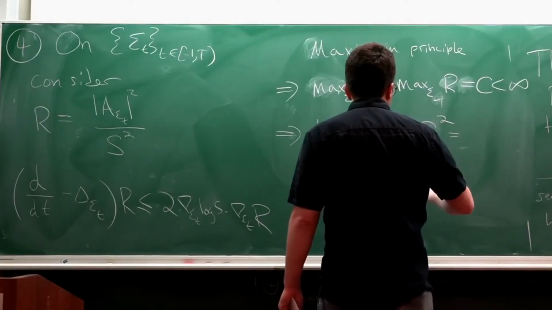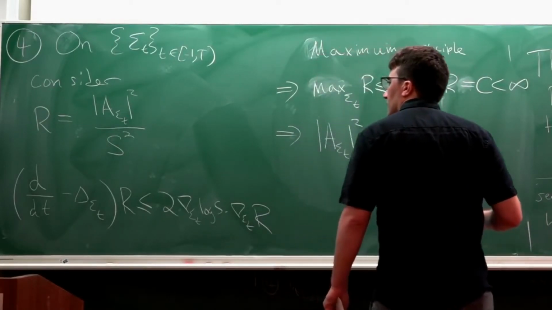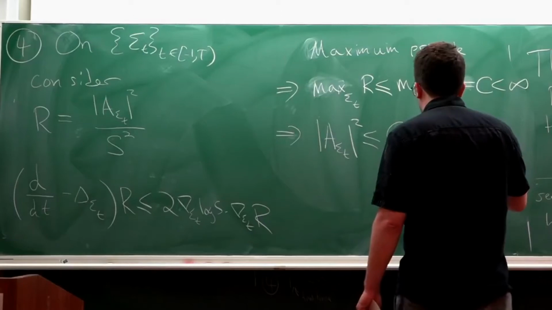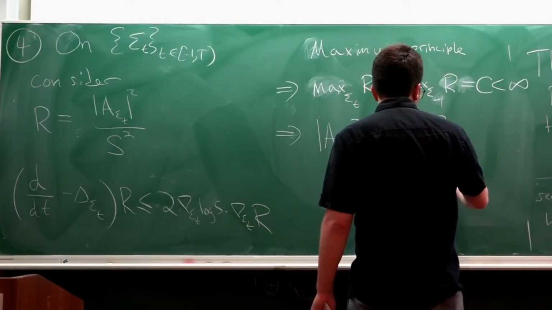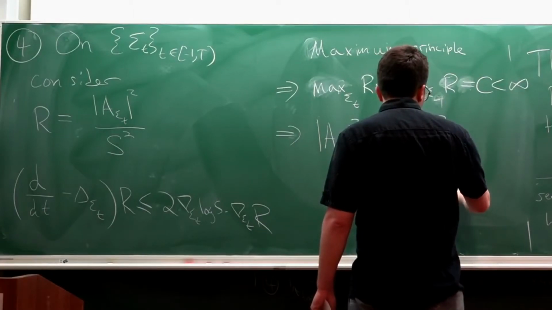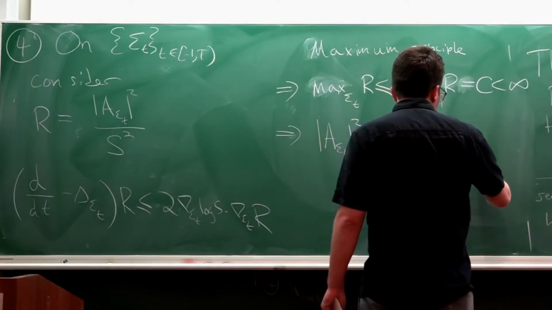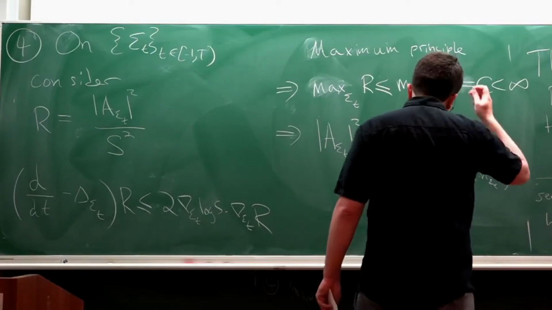In other words, this is equal to C times the quantity 2t times the mean curvature of sigma t plus x dot n of sigma t, squared. Okay?